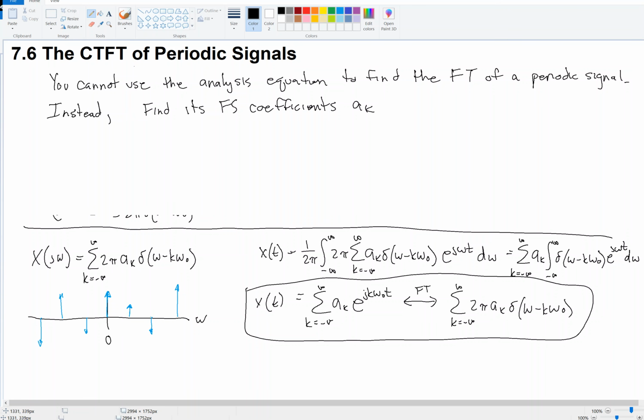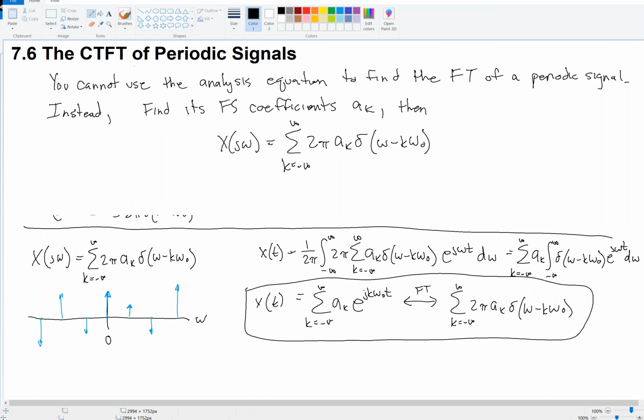And then the Fourier transform is simply this thing. That's it. That's it.